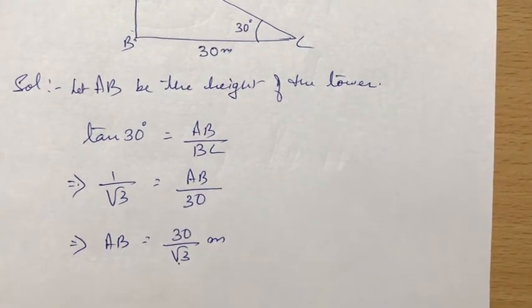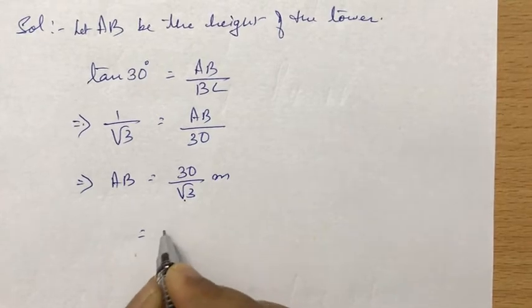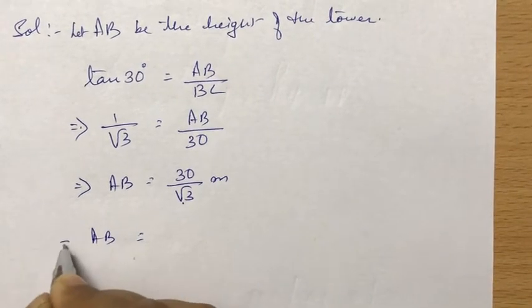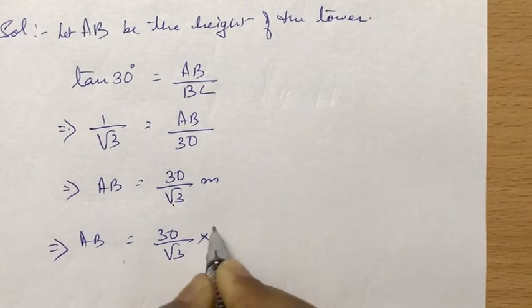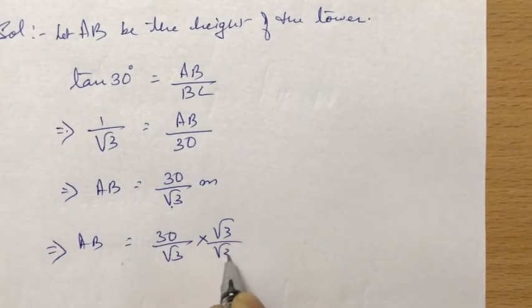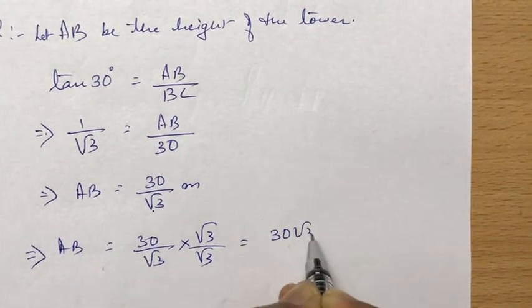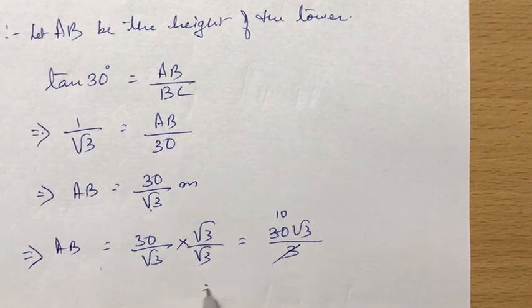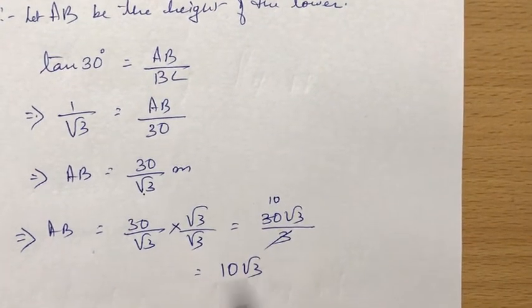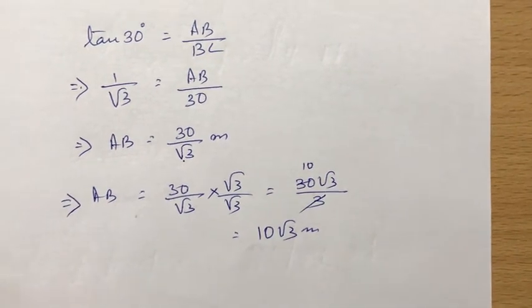Again, this is √3. We avoid an irrational number in the denominator, so I can write AB is equal to 30 by √3 into √3 by √3. So this becomes 30 √3 by 3. Cancel out, so it is 10 √3 meters. What is the final statement?